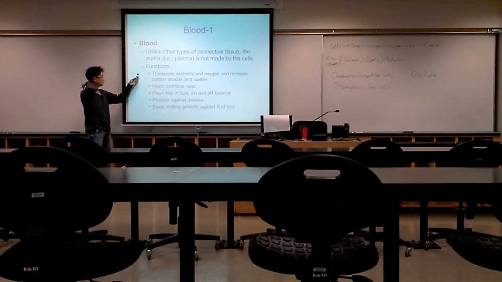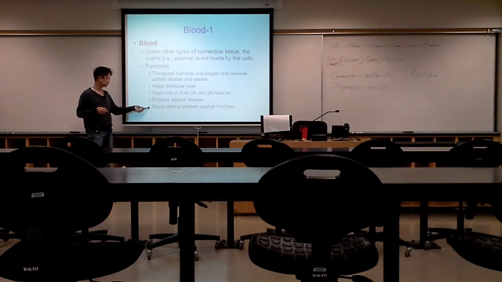And then you have all these functions of the blood you also need to know. For example, blood transports nutrients and oxygen and removes carbon dioxide and metabolic waste. It helps to distribute heat, balance pH, and protect against diseases because white blood cells travel in the blood vessels.